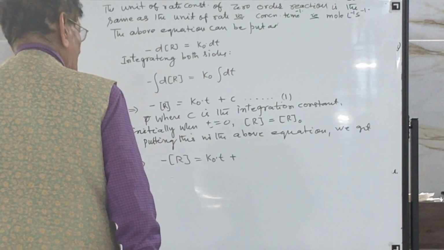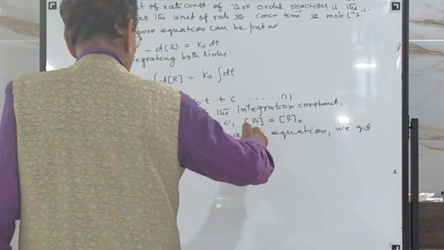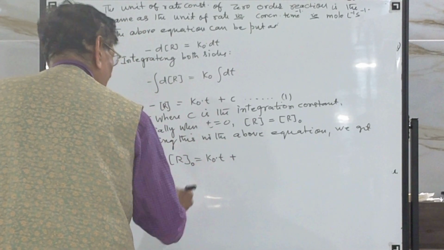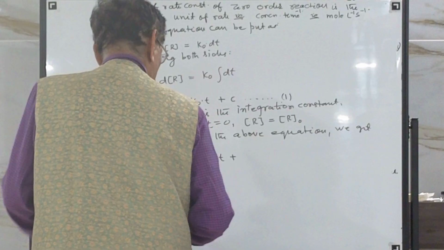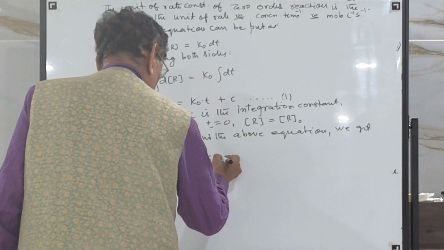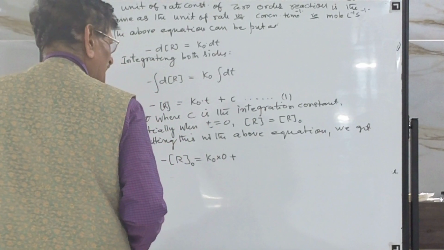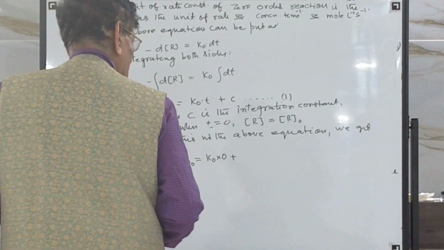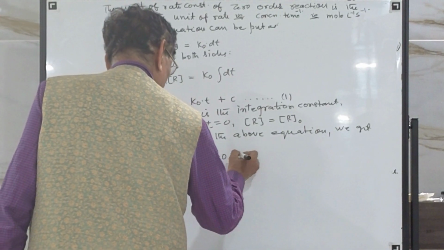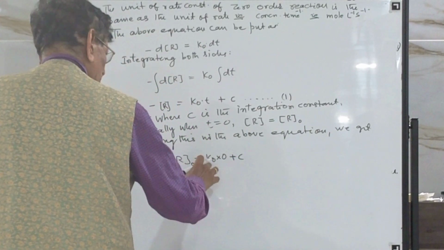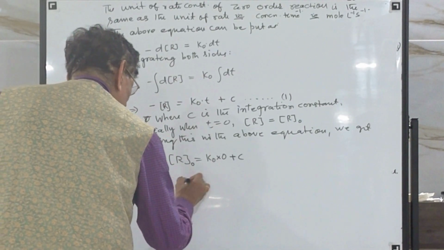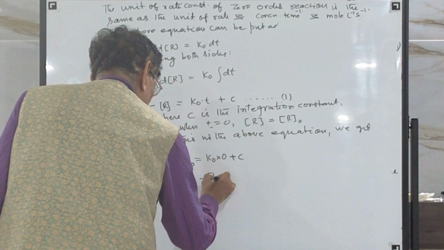Initially when T is 0, R is R naught. So this is minus R naught equals K naught into 0 plus C. K naught into 0 is 0. So C is equal to minus R naught.